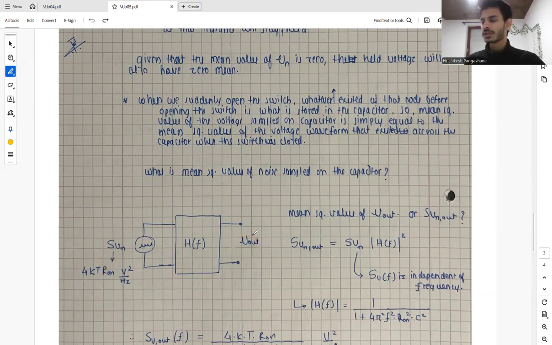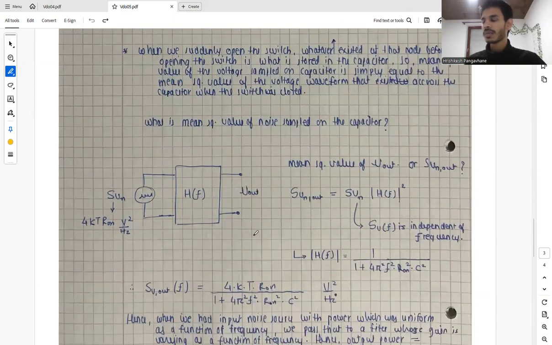The spectral density of our output voltage will be the spectral density present at the input times the square of the magnitude of the transfer function. That's how we get the spectral density at the output.